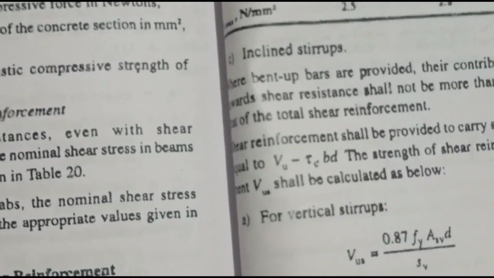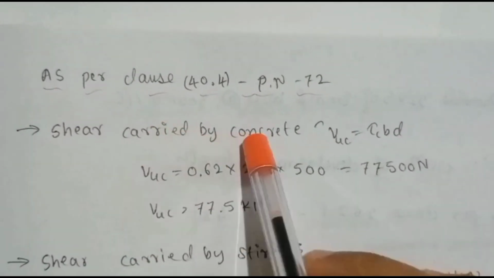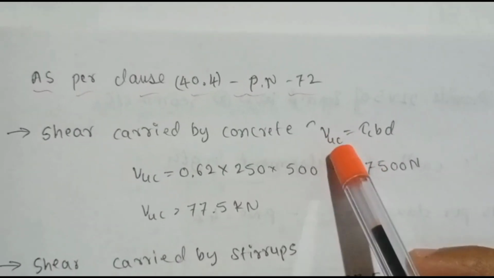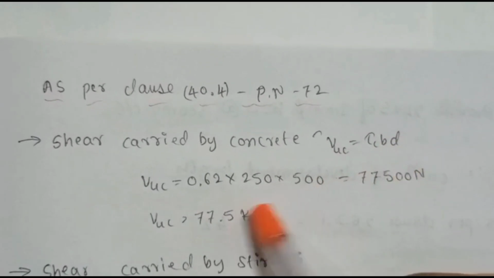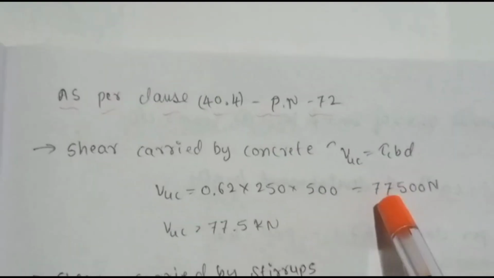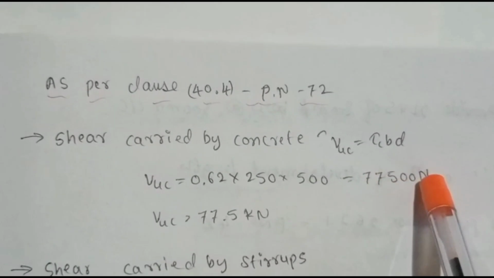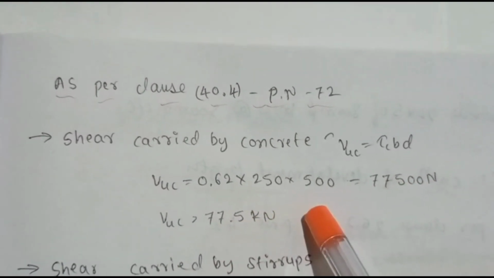And now we need to calculate the shear carried by concrete. For that, we have the formula Vuc, that is shear carried by concrete, is equal to tau c into B into D. Substitute all the values, simplify this, we'll get 77,500 Newton, that is nothing but 77.5 kilonewton.